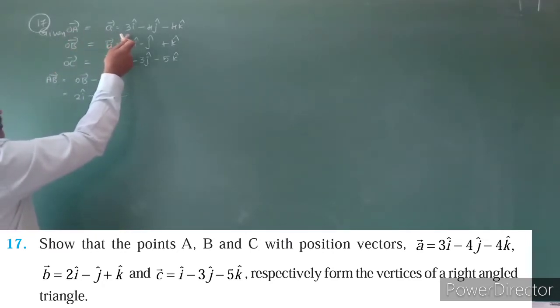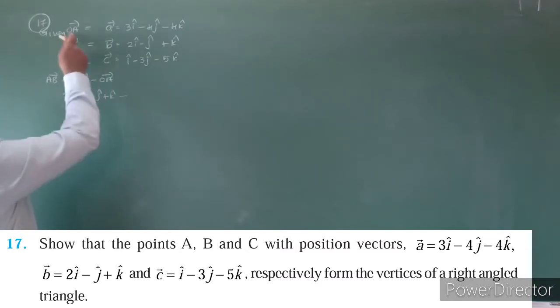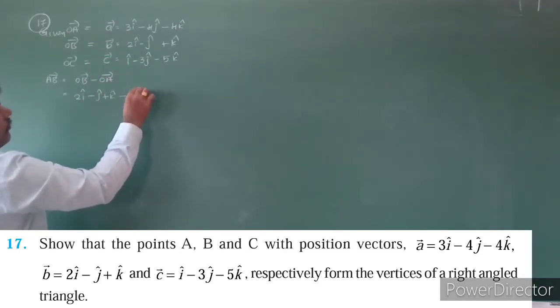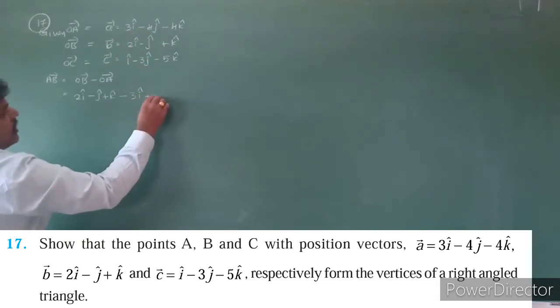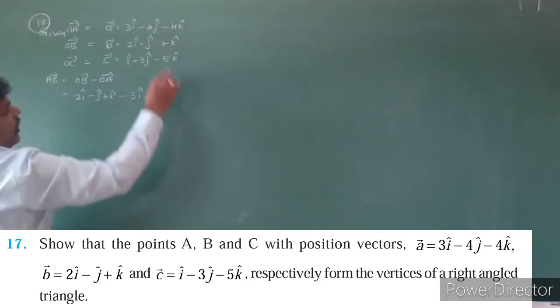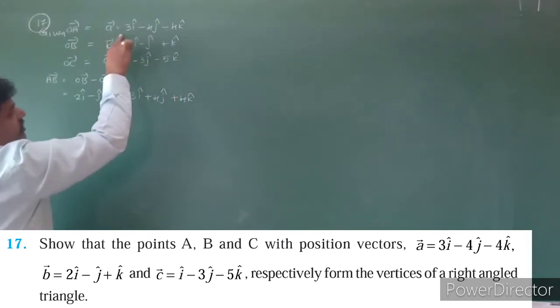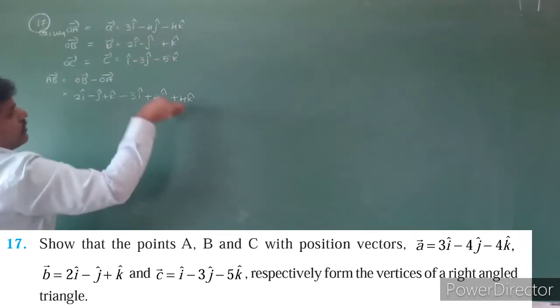Apply the minus for this one, what will it become? Minus OA, OA bar is this one: minus 3i plus 4j plus 4k.